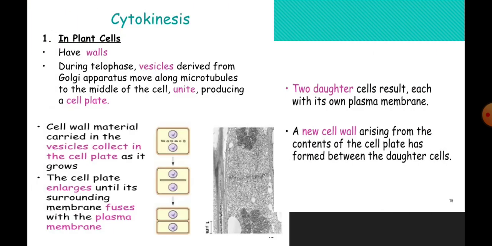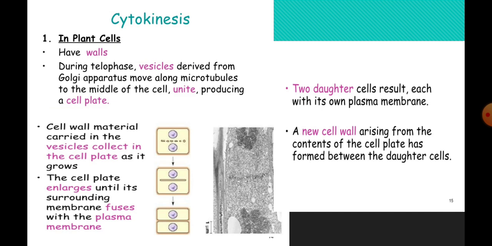Now we will see how cytokinesis occurs in plant cells. As plant cells are different from animal cells, they have a cell wall around the cell as well as the cell membrane, so they have to produce their cell wall, and that's why their cytokinesis is different from the animal cell.